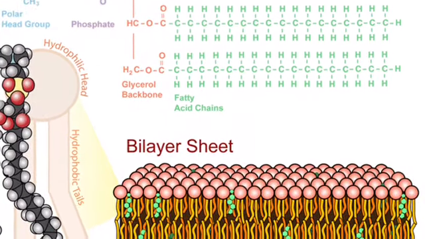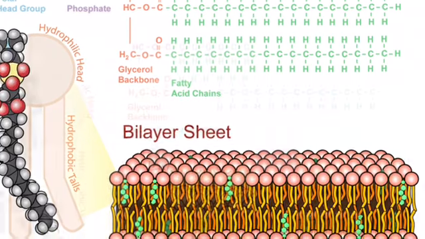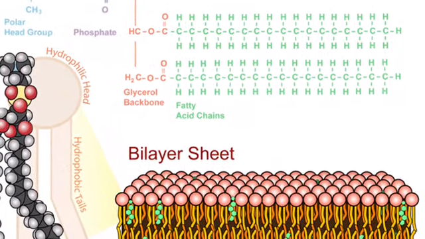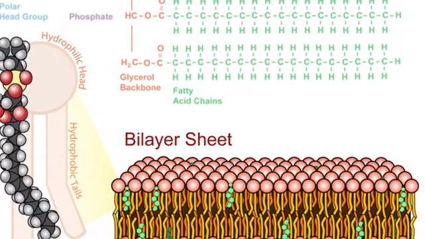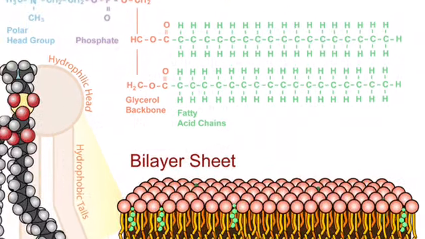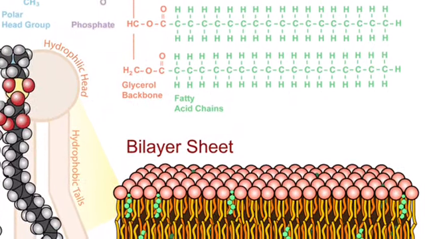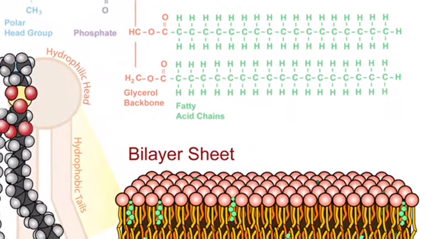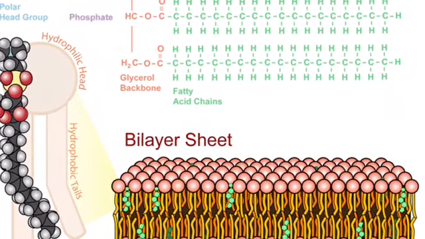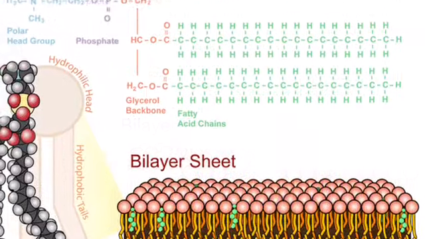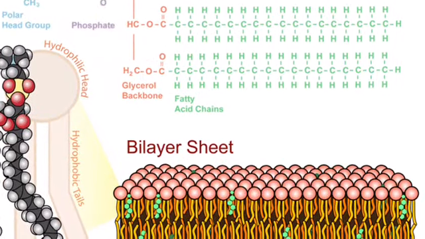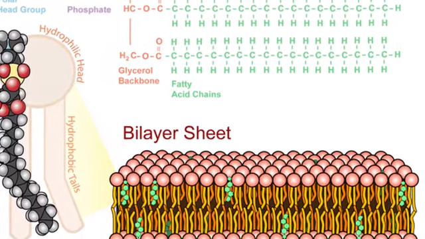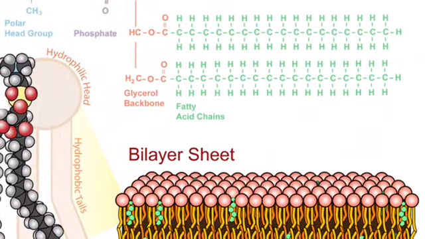The lipid tails are considered the hydrophobic region, which is the region of the phospholipid bilayer that will repel water, which means it will push water away. And so because it is pushing water away, it is attracting the nonpolar molecules in the plasma membrane.